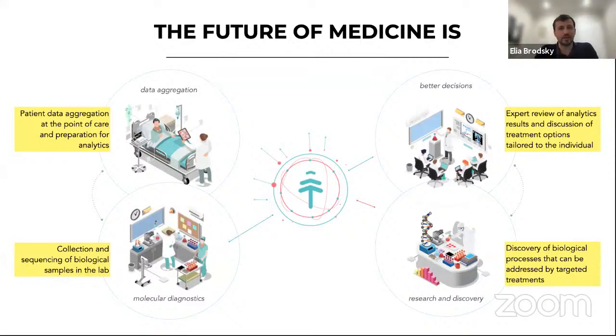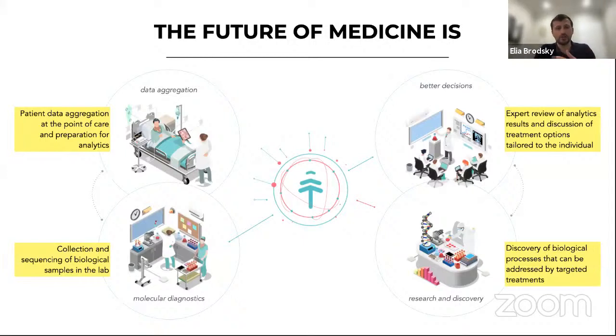So I think that it is obvious that to make better decisions about patients and treatments and outcomes, there has to be aggregation of data, and there has to be an integration between lab data, research data, and data coming from the patients.